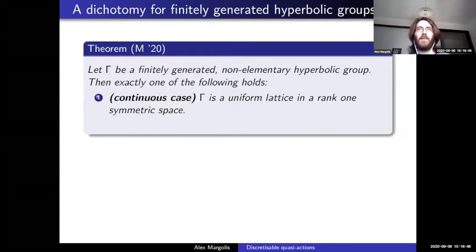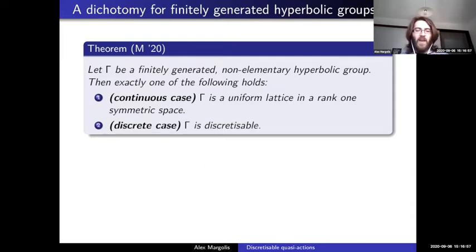This was building on work of Sullivan and Tukia and others, and it was completed by the mid-90s. And if we're not in this specific case, where we understand the geometry very well, then we're discretizable. The generic hyperbolic group, that's not of this very specific classical form, a lattice in a rank 1 symmetric space, is discretizable. That means that every co-bounded quasi-action can be quasi-conjugated to an action on a locally finite graph.